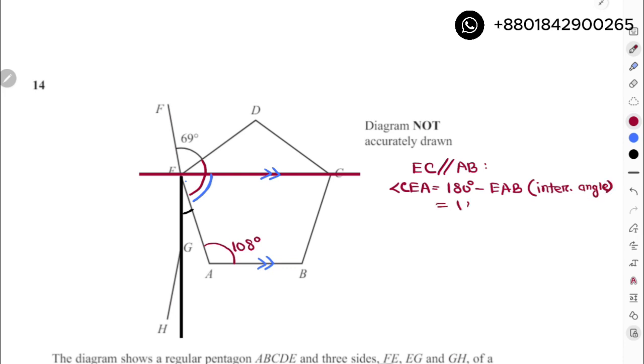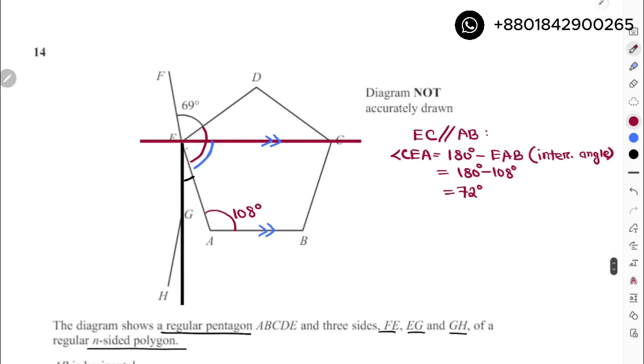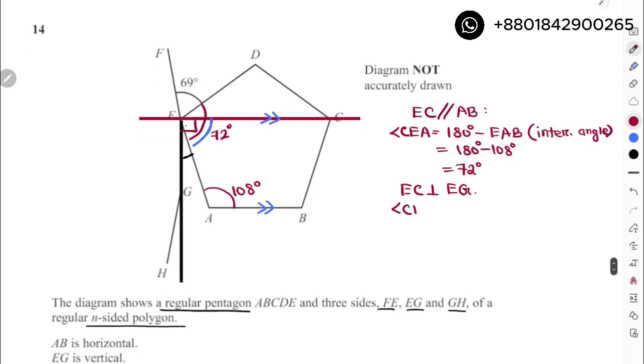If you now eliminate them, 180 minus 108, you are going to get 72 degrees. If this blue angle is 72 degrees, this is going to be 90 degrees, because obviously EC and EG are horizontal and vertical. They will always create 90 degrees. So I can say EC is perpendicular to EG, which means the total angle CEG is going to be 90 degrees.